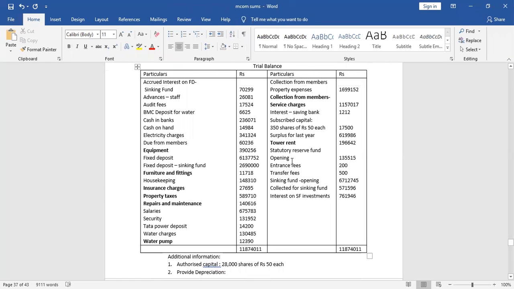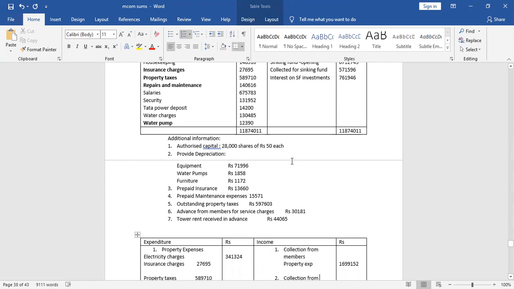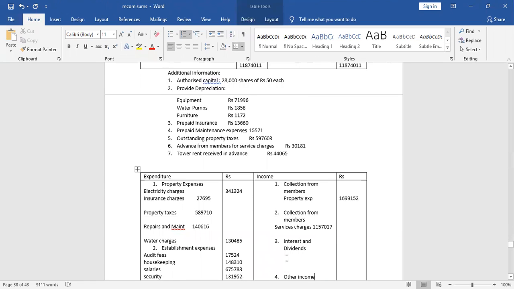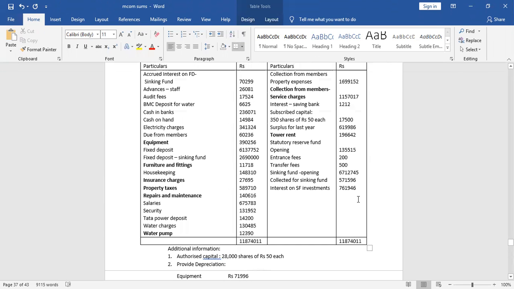Now interest on saving bank 1212. So interest and dividend, saving bank interest, no adjustment, 1212. Then we have subscribed capital. Before that, authorized capital is also there. 28,000 shares of 50.